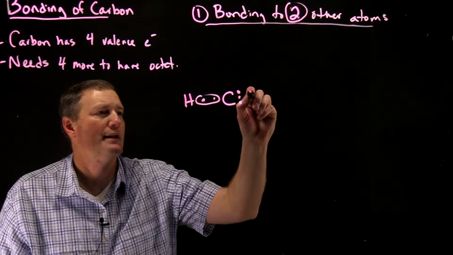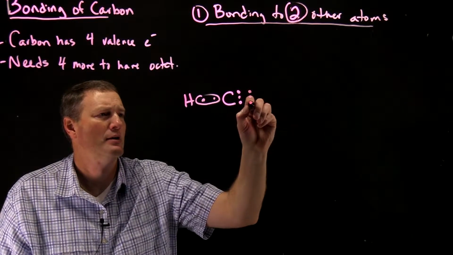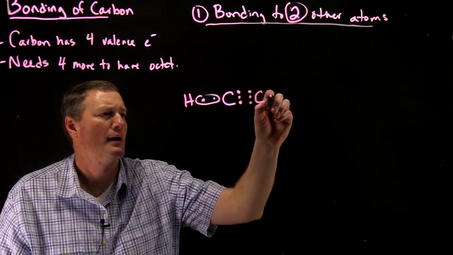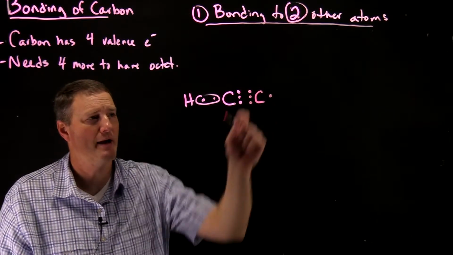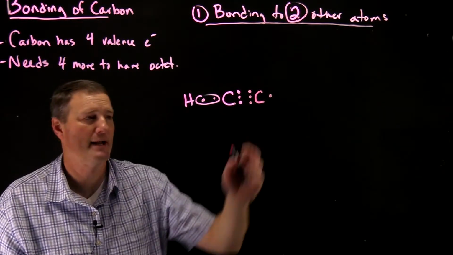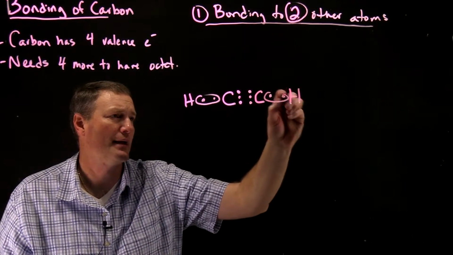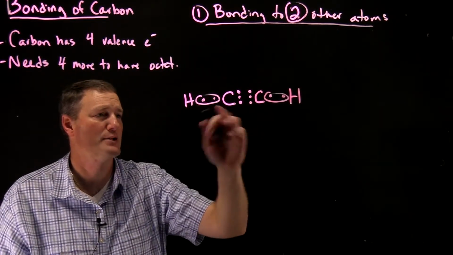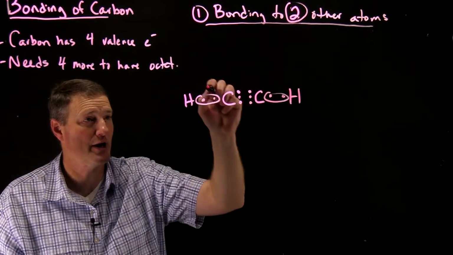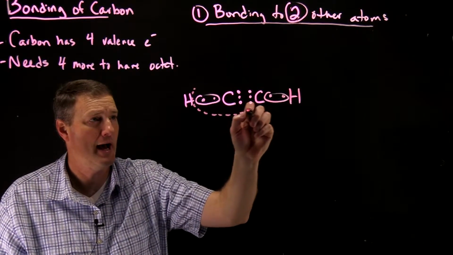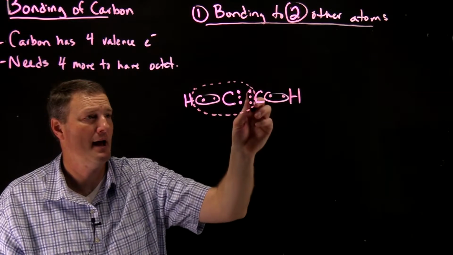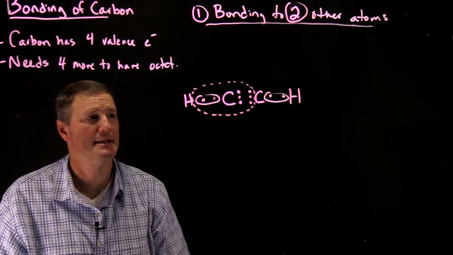So if I put another carbon in the same configuration where I have 3 electrons over on one side, 1 over here, now you can see that I would have 2 carbon-hydrogen bonds, one on either side. But now if you look at each of the carbons, I now have a full octet. I've got 6 here, 7, 8.